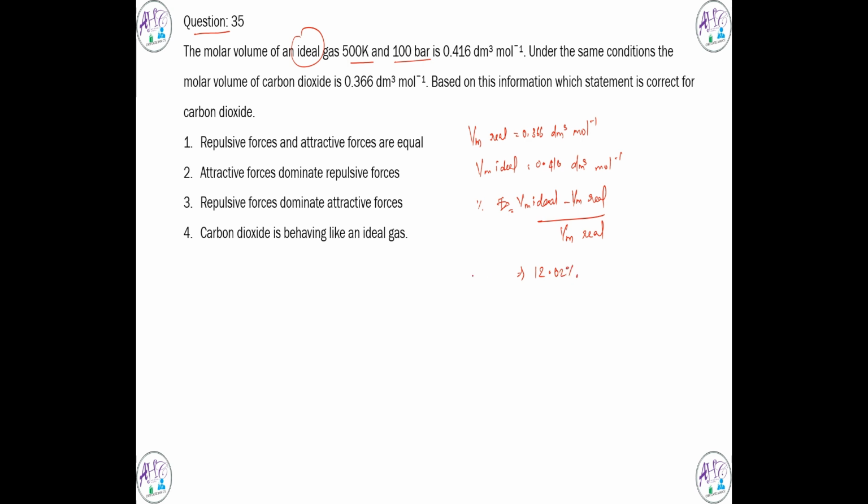Okay, the percentage is very less, and even without this, you can say that the molar volume of ideal gas is more than the molar volume of real gas, that is, carbon dioxide, which means that there is an attractive force dominating. Okay, so when there is a repulsive force, what happens? Your molar volume will be increasing.